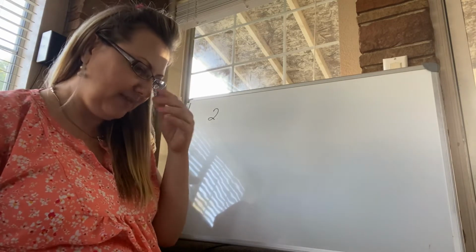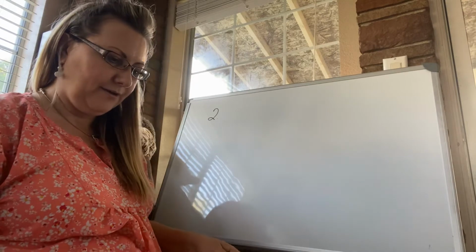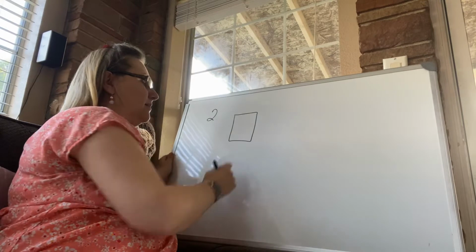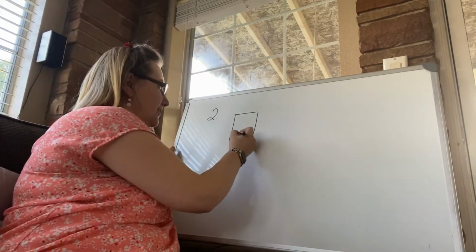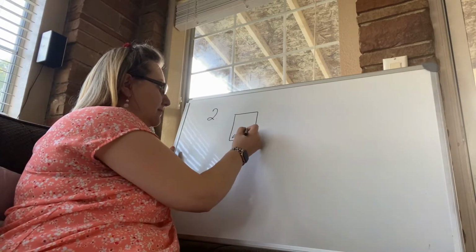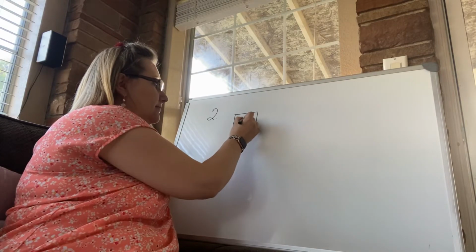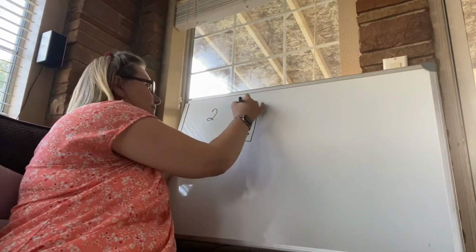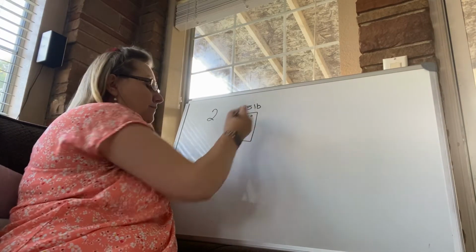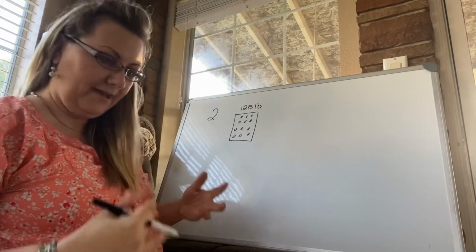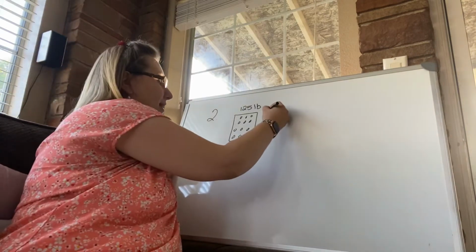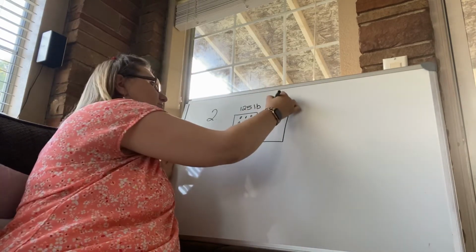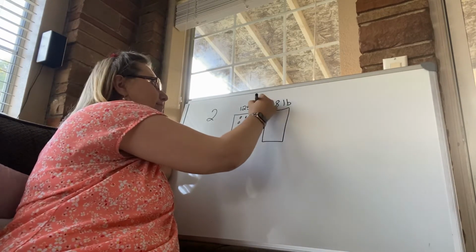Okay, so now we have the container, right, plus all the stuff that's in the container, whatever that is. And we said that this weighs 125 pounds. The container itself is pretty heavy, and that weighs 118 pounds. 118 lb for pounds.